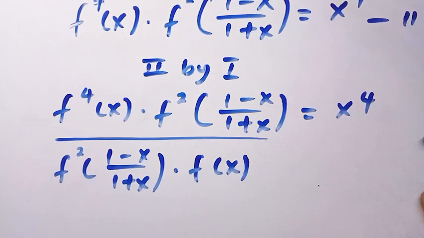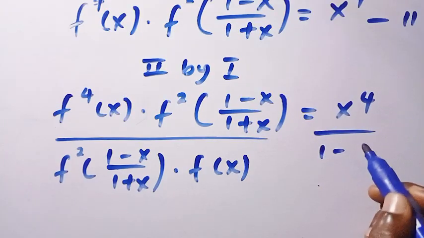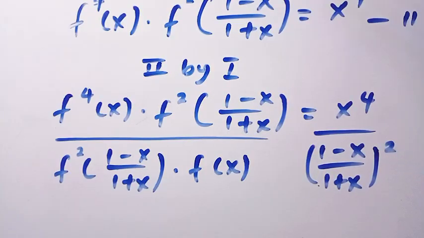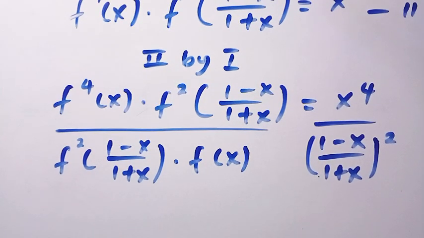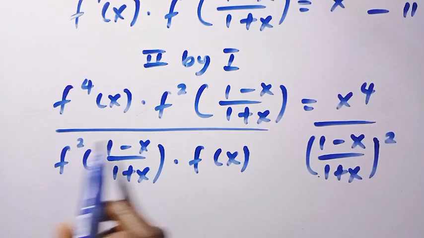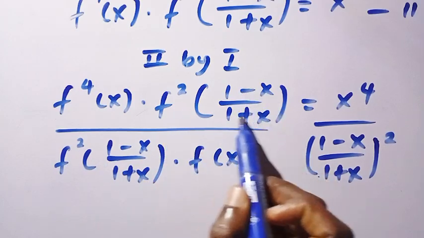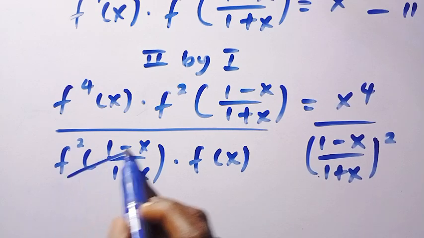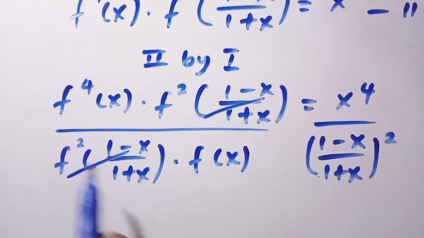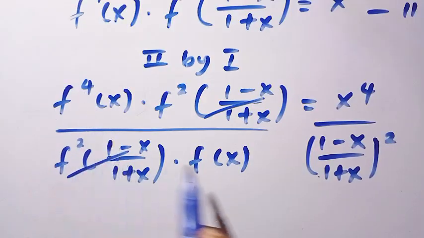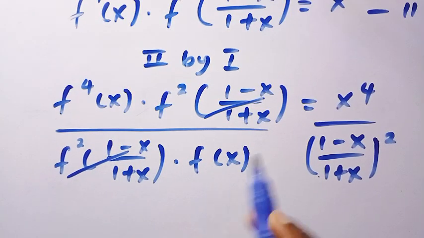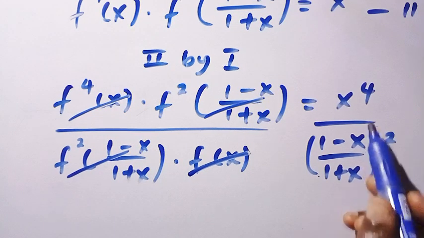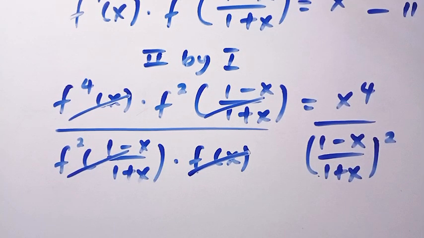This one is also divided by (1 minus x) divided by (1 plus x) all raised to power of 2. But we can see that we have f squared of (1 minus x) divided by (1 plus x), and we have the same thing at the denominator. If we cancel this and this, and also this is f raised to power 4 of x and this one is f of x, this one cancels one of these, and this one remains f raised to power of 3. Looking at this side, nothing cancelled here.